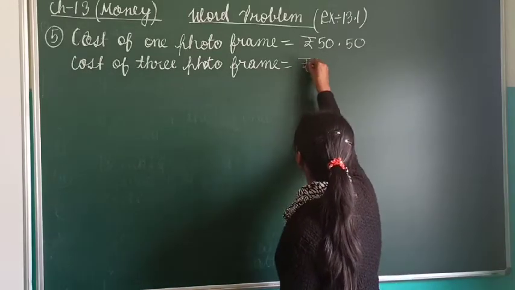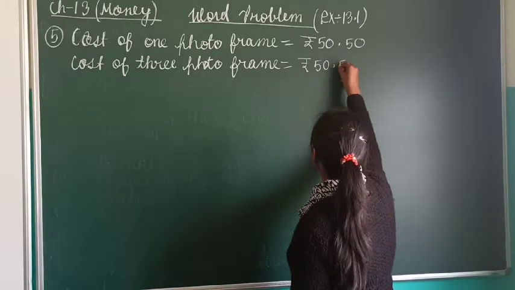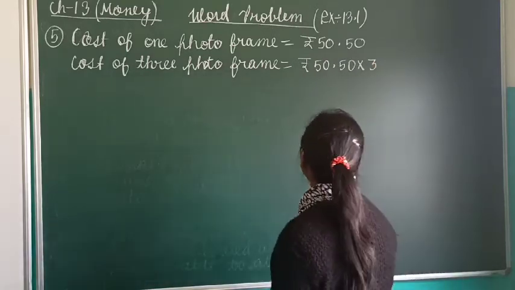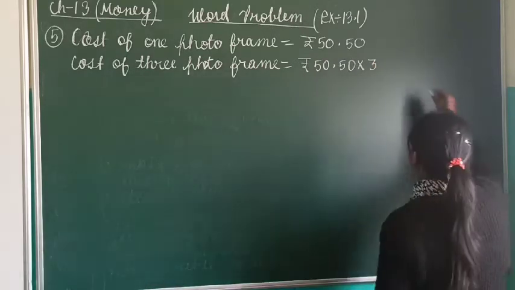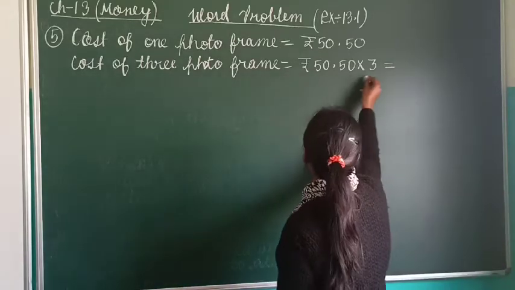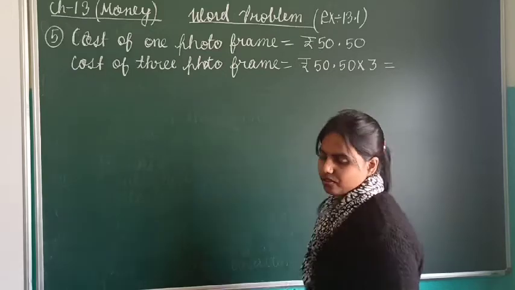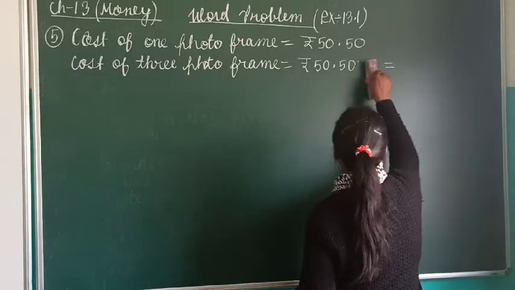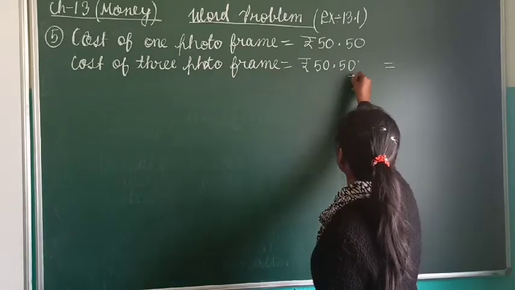So rupees 50.50 paise into 3. Let us do it here. How much will you get? Into 3. Or you can write it like this here and multiply. Just multiply it.